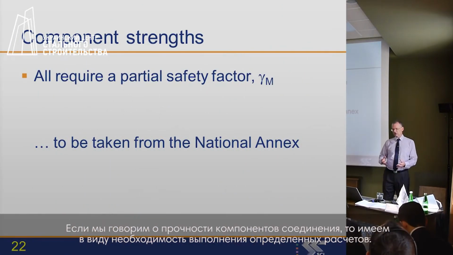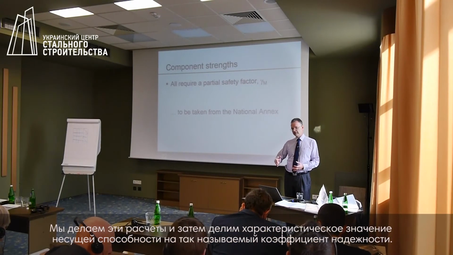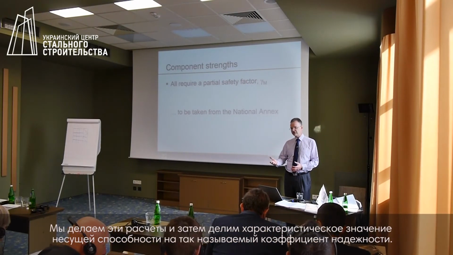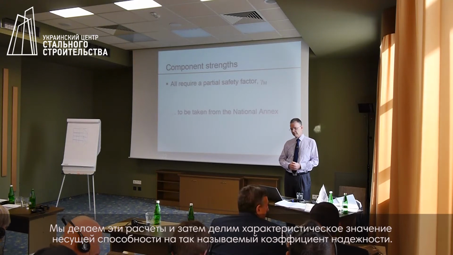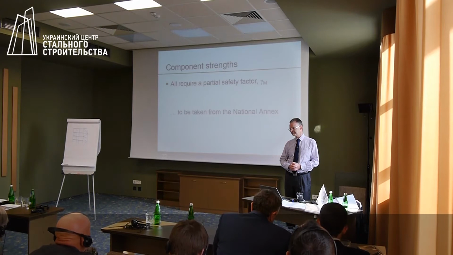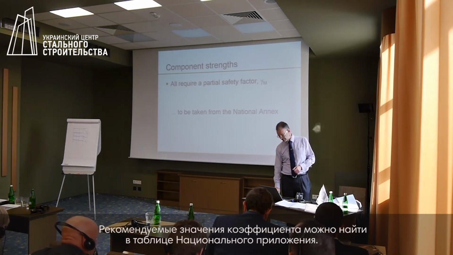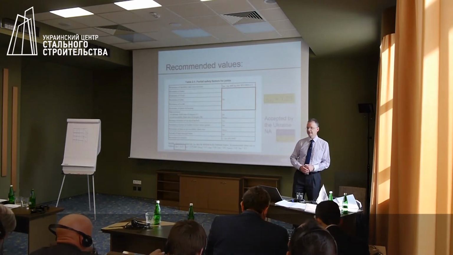When we look at component strengths, we will be carrying out some calculation, and then we will be dividing the characteristic resistance by a partial safety factor. And the partial safety factor will be taken from the national annex.